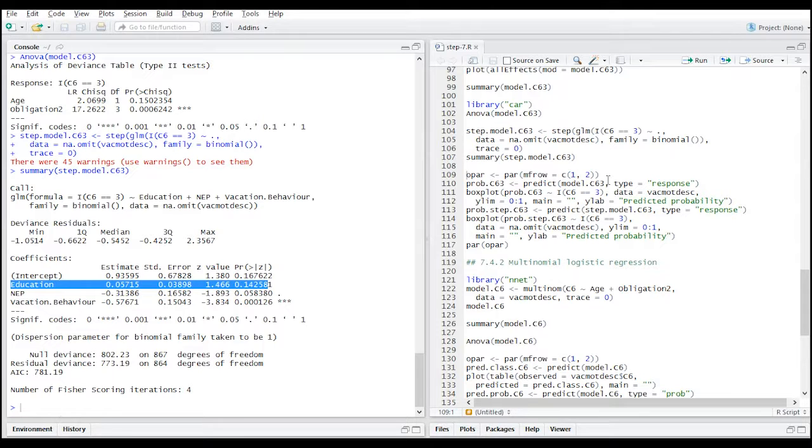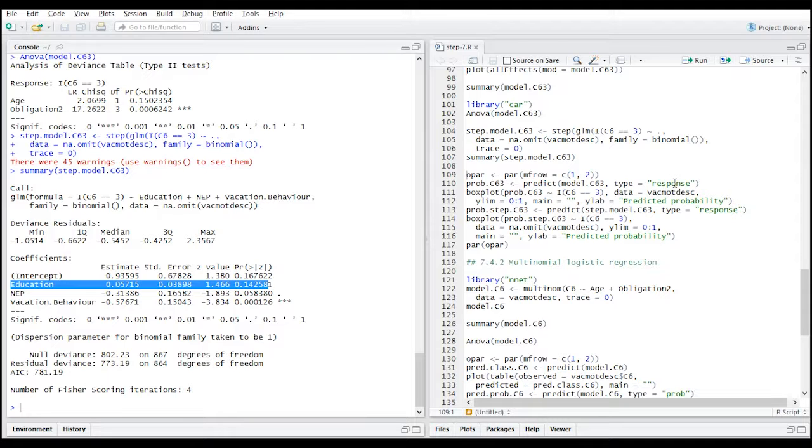These predicted values can be either on the linear predictor scale or on the response scale. Here we want the type response, which means the linear predictor is evaluated and then transformed using the inverse logit function to get the expected probability of being in segment 3.